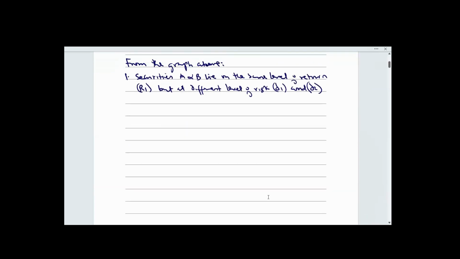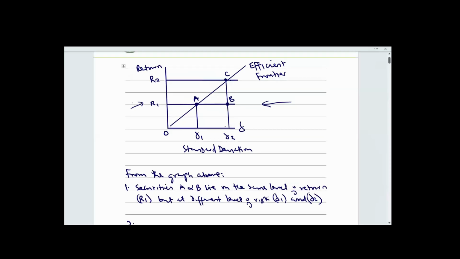Therefore, point 2 that you need to make is that between security A and B, let me ask you, based on my initial explanation of the modern portfolio theory, which one will you select if you are to make a choice between A and B? If you know it, raise your hand.